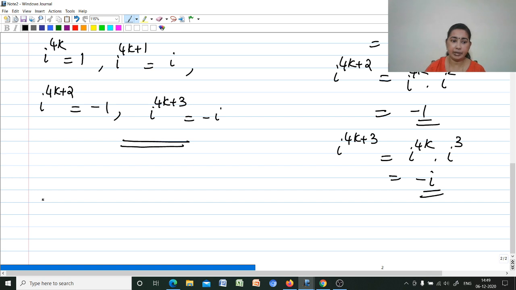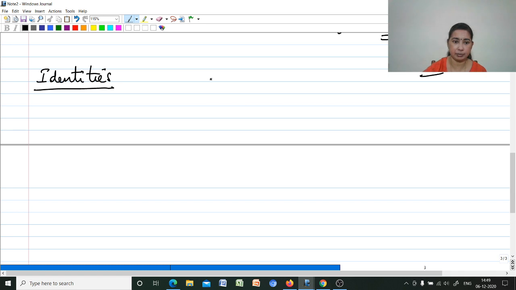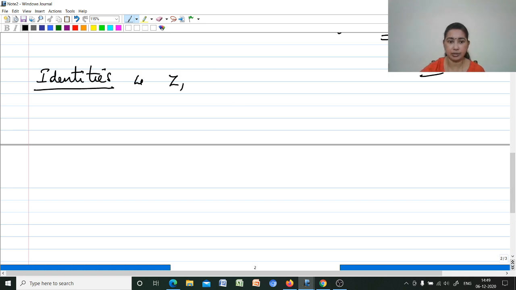Now, some identities. We are studying some identities for complex numbers. Let Z1 and Z2 be two complex numbers.